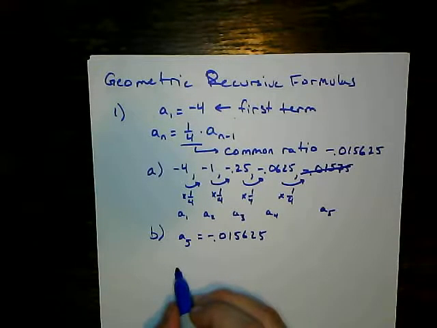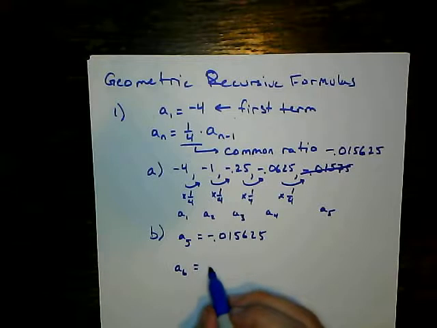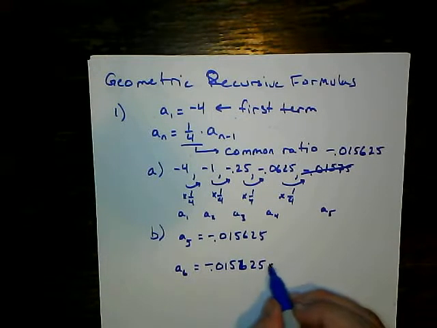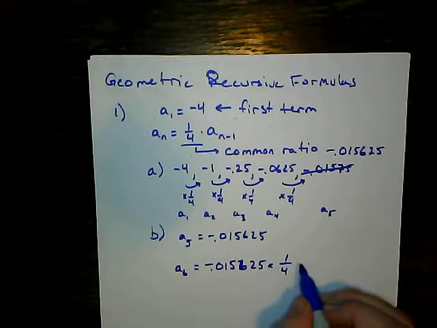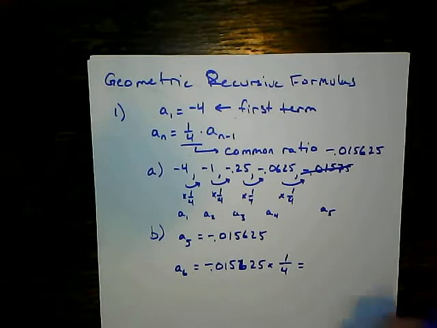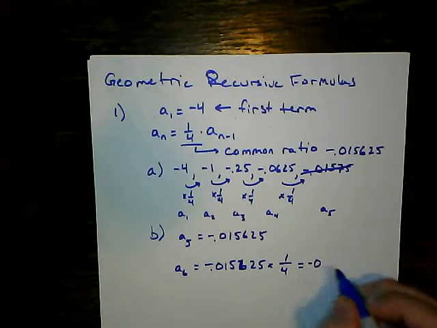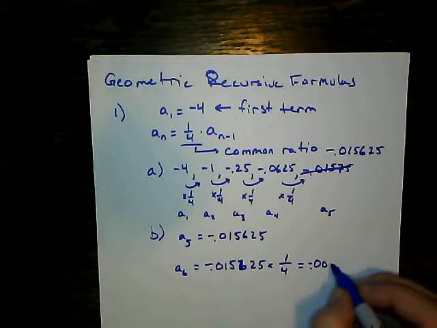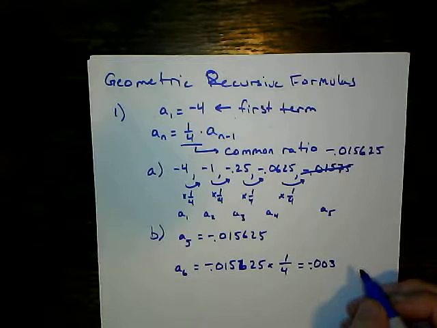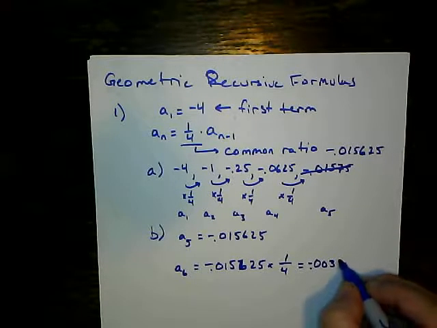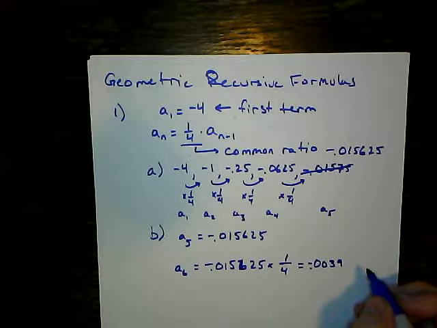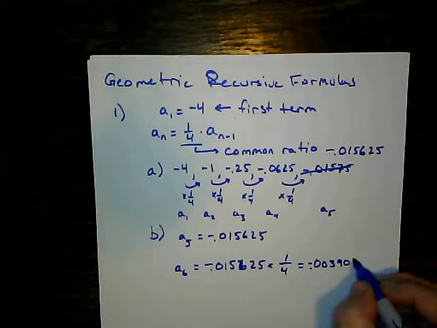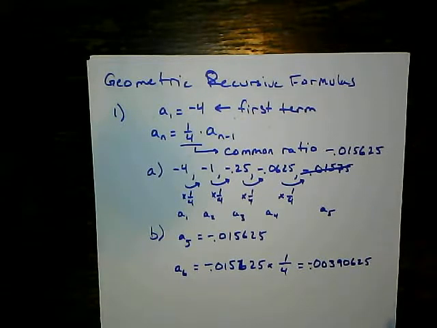Let's go down here and say a6 is -0.015625 times 1/4. That's going to equal -0.00390625.